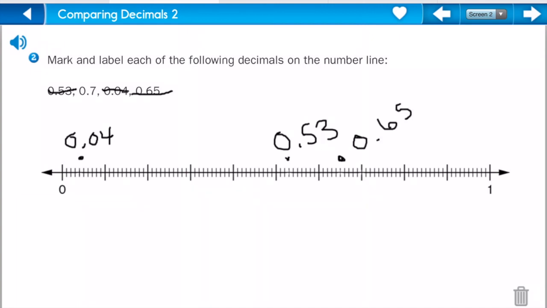And our last one is 70. And so it will go on the 7th dash. 1, 2, 3, 4, 5, 6, 7. So we'll put it right there on that one. And it is 0.7. Or if it helps, you can add a 0 on the end. All right, let's go to the next screen.